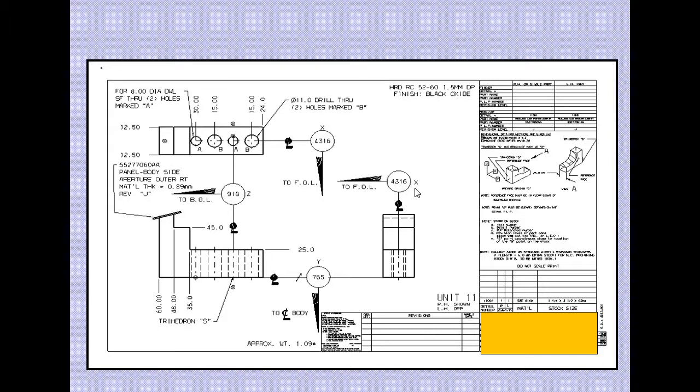This is the x, this is also x, this is y, this is the z position, y position, x position, x position. This is one view, this is another view, this is the third view. In all three views it represents the x and y coordinates, and accordingly anyone can know the exact position of this part in an assembly.